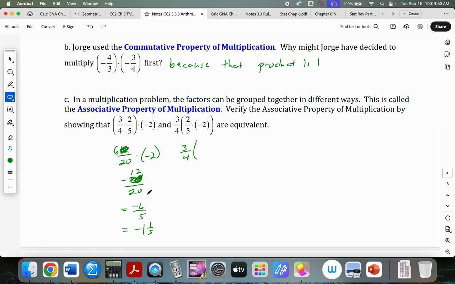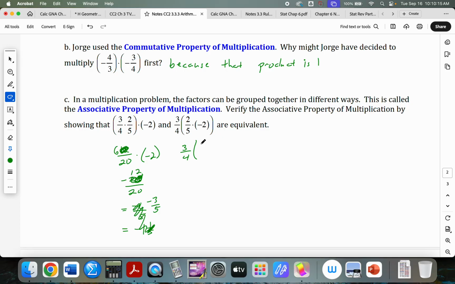So those are both divisible by 4. So that's negative 3/5.